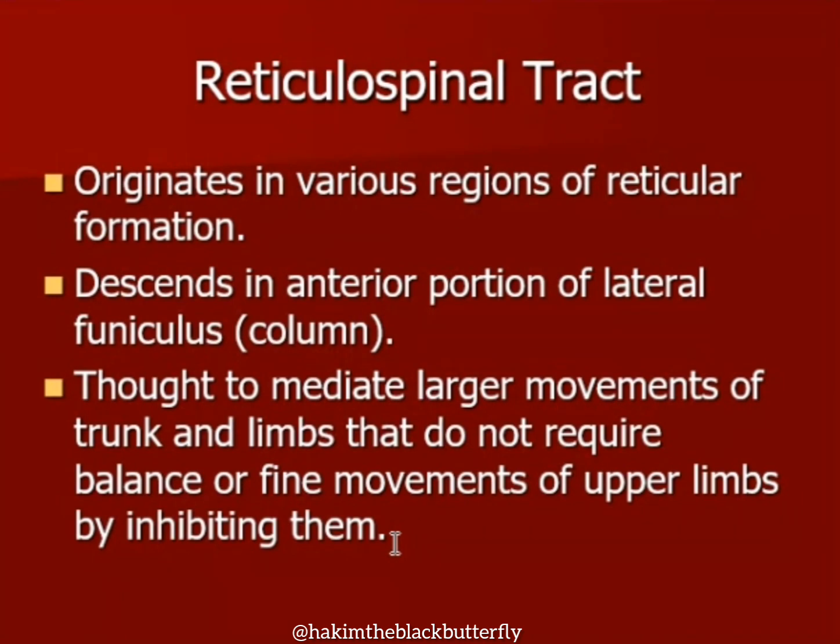When they reach the spinal cord or the brainstem, they synapse with lower motor neurons, which pass through the anterior root and go to supply the muscles. Sometimes an interneuron is involved, and sometimes it may not be.